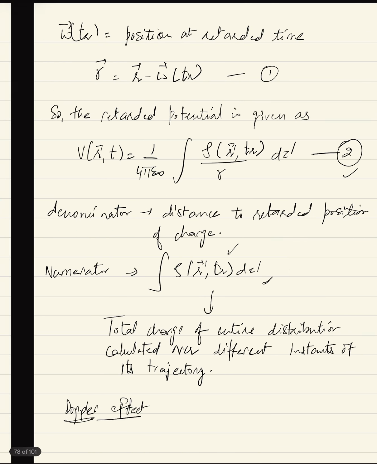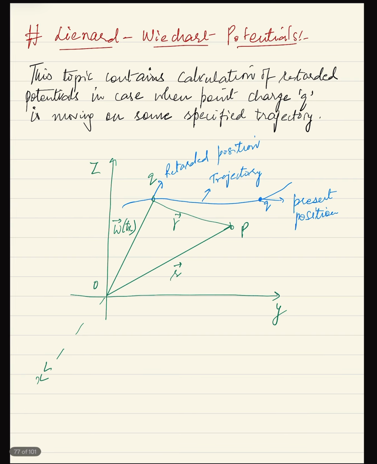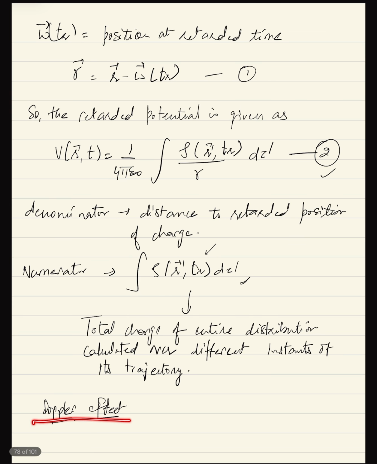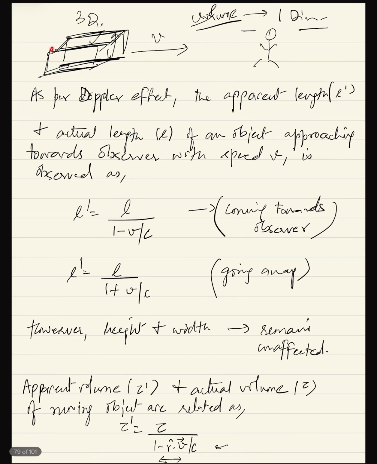Now to check the traits of this, because now there is relative motion between the source and the observer, we will take help of the Doppler effect. What happens in the Doppler effect is that if you have any 3D object and the object is coming toward the observer, because it is 3D, it may have length, breadth and height.